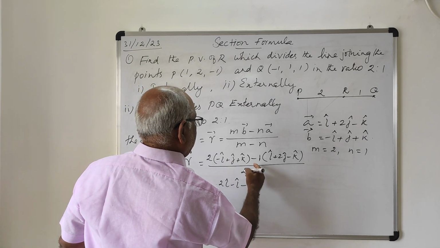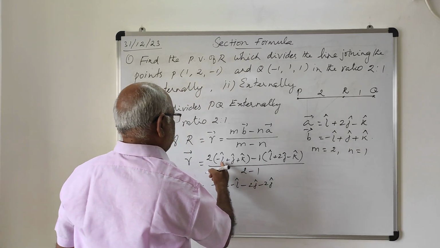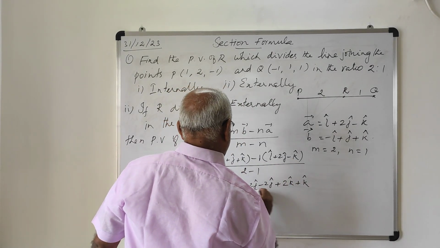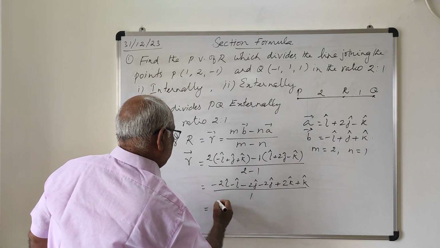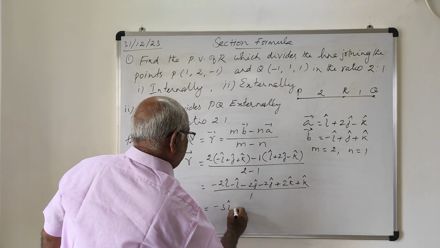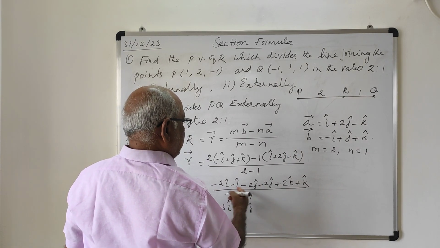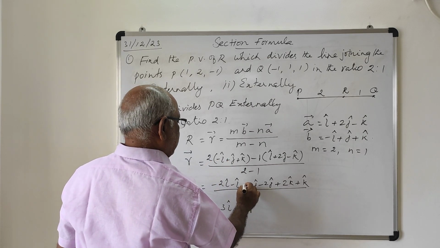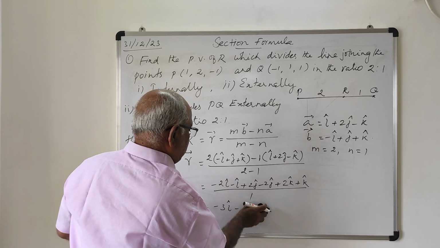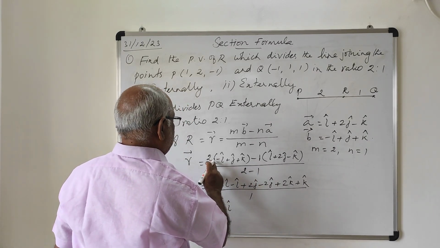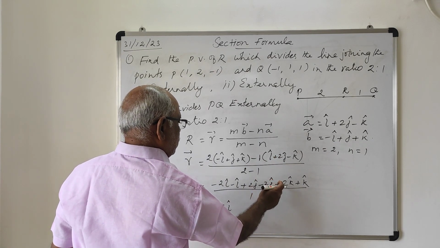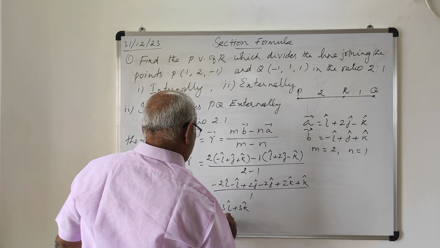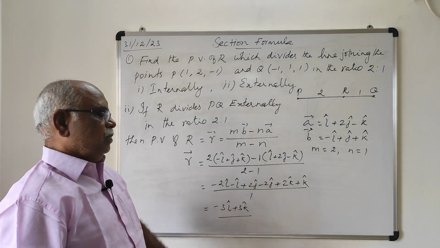Minus 2j, here minus into 2j gives minus 4j plus 2j, so j becomes 0. Then plus 2k minus into minus k gives plus 3k, divided by 1, which you need not write.